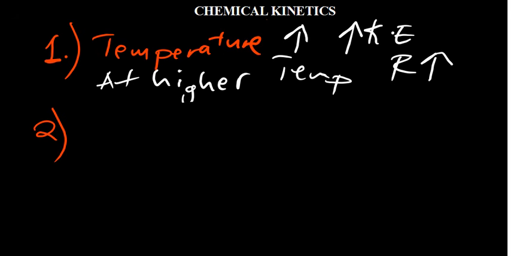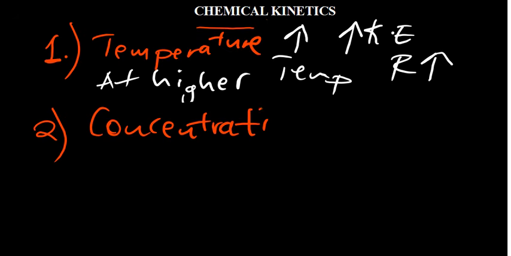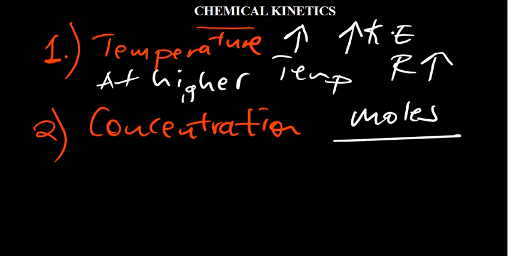What else affects the rate of a chemical reaction or the rate constant? The concentration is also one of the important factors. Concentration, we usually talk about it in terms of molarity, the number of moles dissolved per liter of a solution.